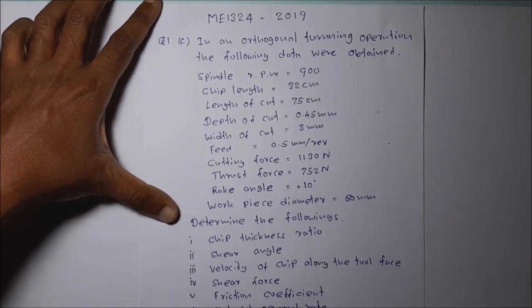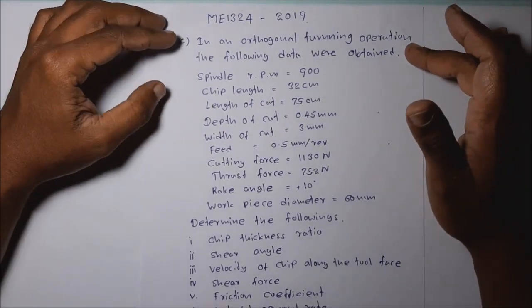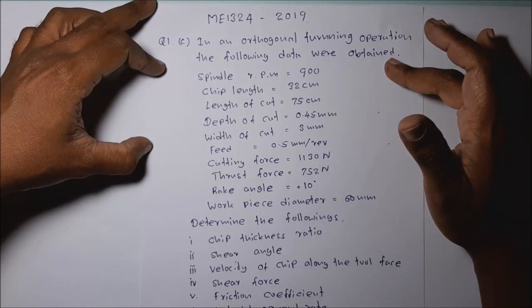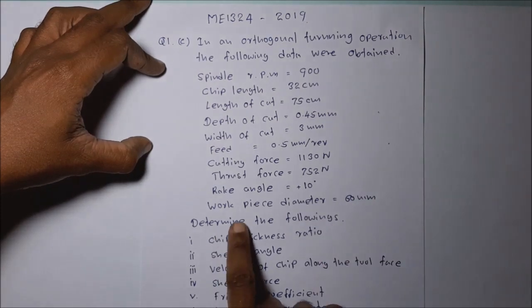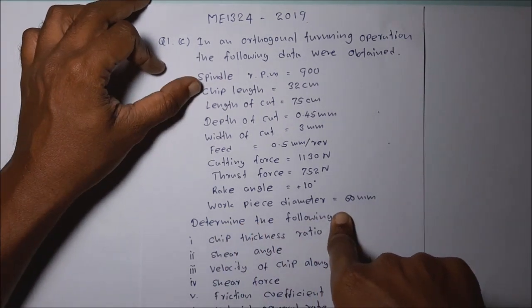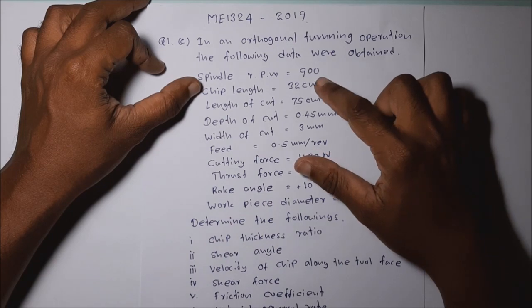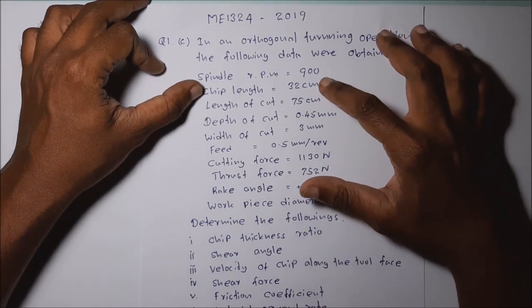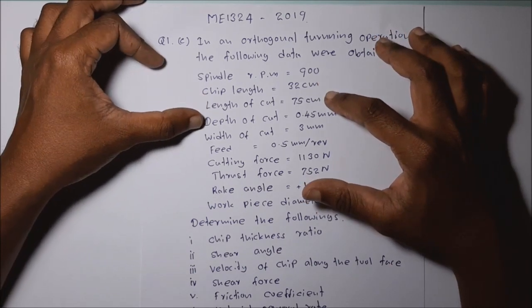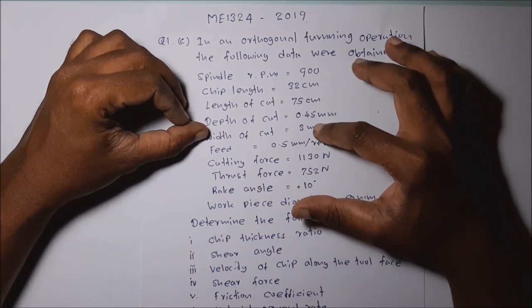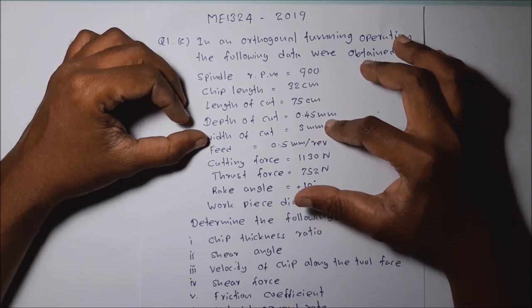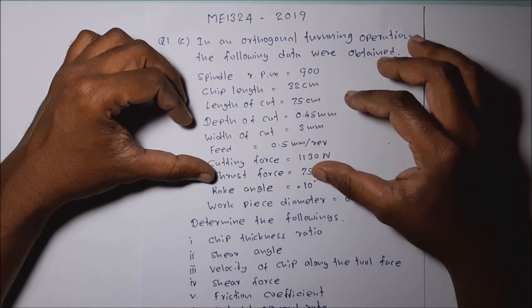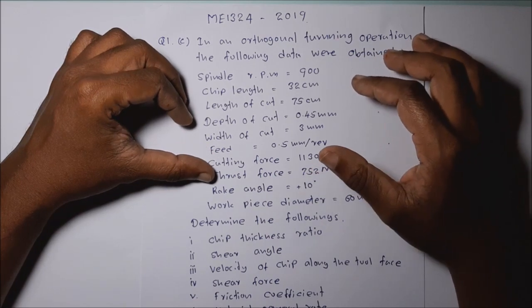Okay, in an orthogonal turning operation, the following data were obtained. Spindle RPM is given, and the workpiece diameter is also given. Then chip length is given, so instead of chip thickness, here the chip length is given. Length of cut, depth of cut, width of cut, feed rate, cutting force, thrust force and rake angle are given.